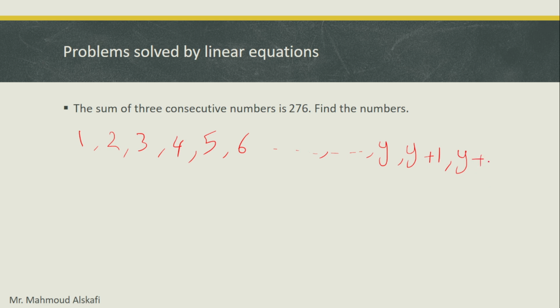Then the next is y plus 2. So let us call this the first number, this the second number, and this the third number. If we add all of these numbers, they should add up to 276. So that gives me y plus 1 plus y plus 2 equals 276.